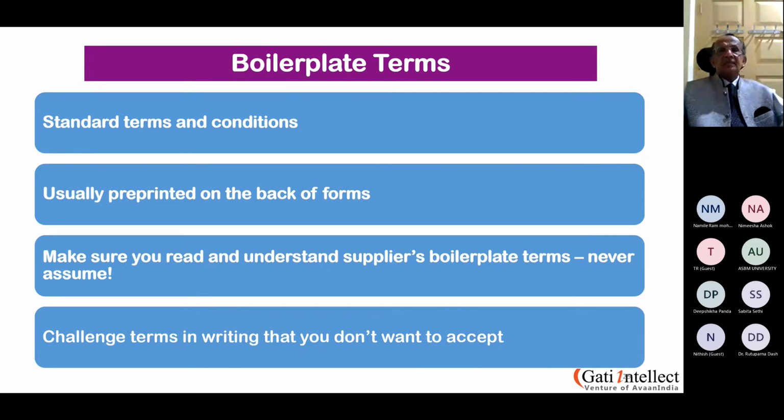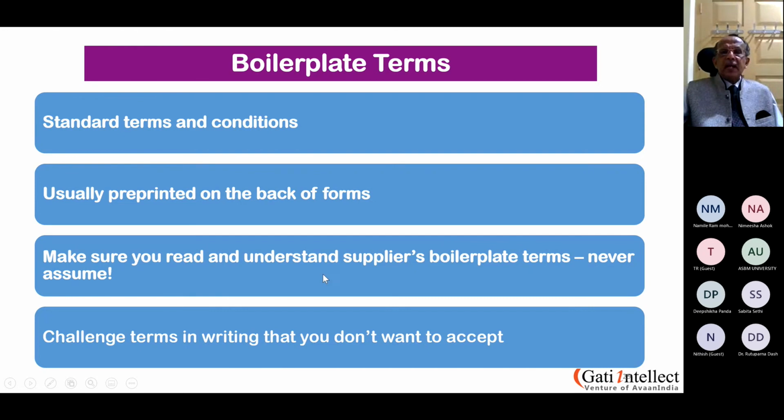They will say just standard terms and conditions as shown on the boiler. They will say terms and conditions as per boiler terms shown at the back of the commercial invoice. Simple as that. That is their attitude. They will not give you any details, usually printed on the back of forms.